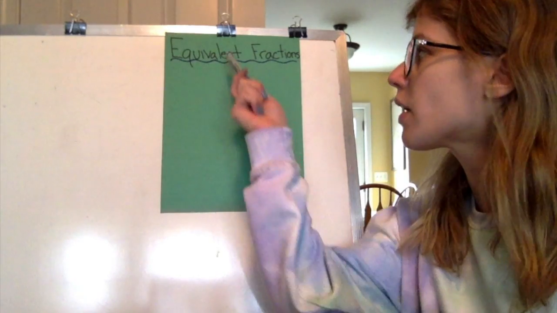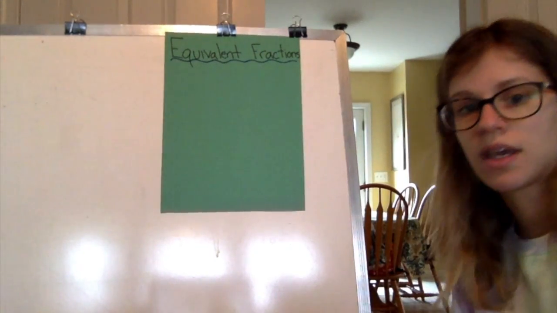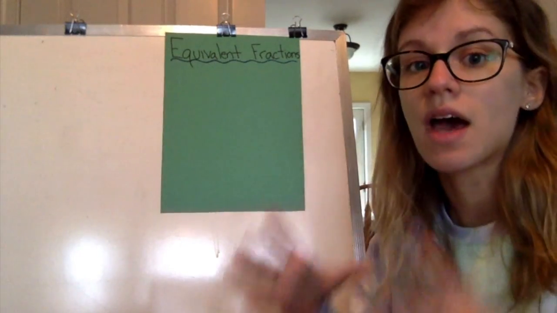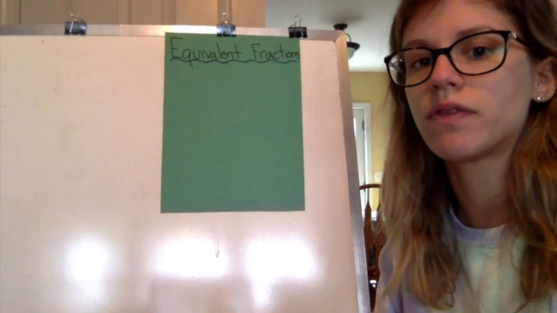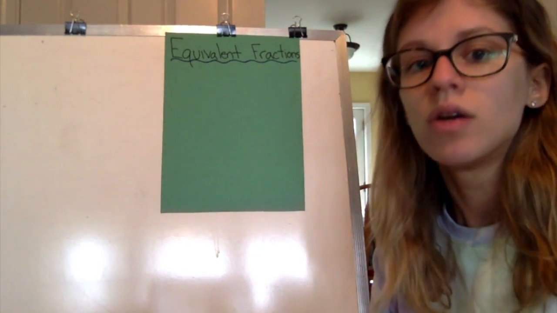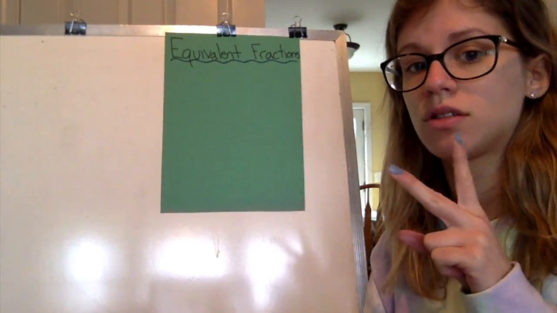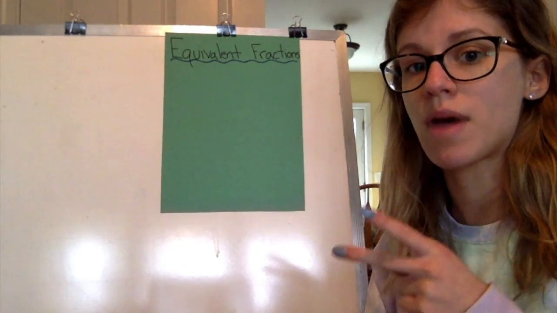So what we're talking about is equivalent fractions. And equivalent fractions mean fractions that are the same. We could figure that out in a fraction bar or see if it fills up the whole the same way. But it's when 2 fractions are equal to the same amount.